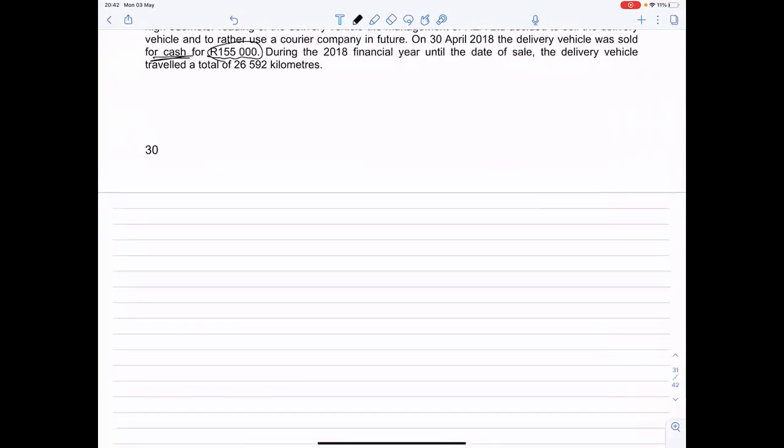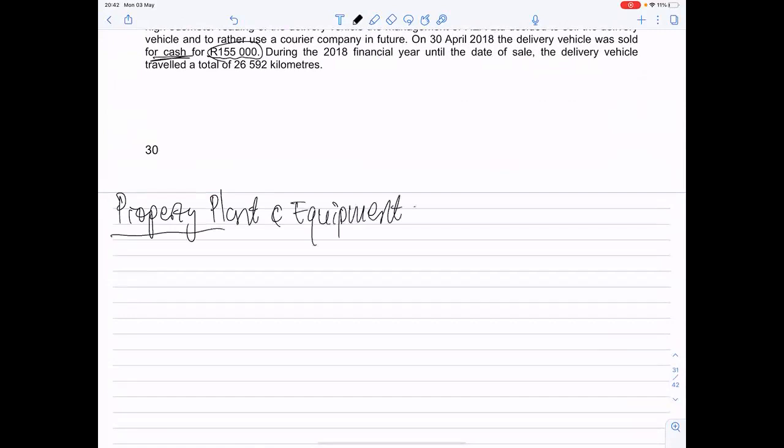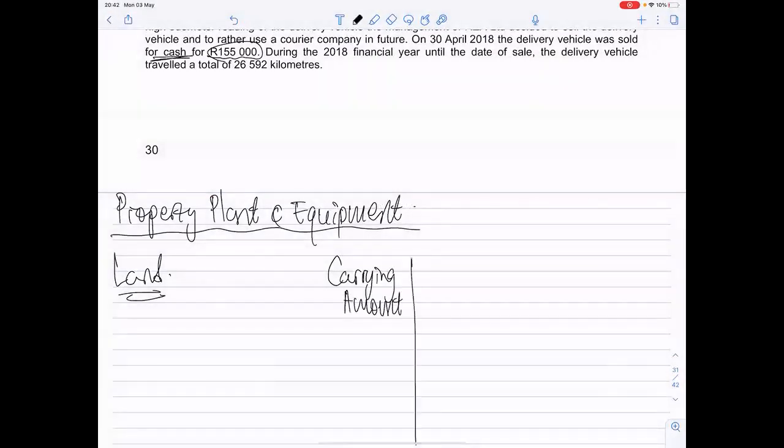All right, let's start with the property, plant and equipment, the manufacturing land. So the land, obviously, you'll be having the carrying amount. You have an amount that was revalued.